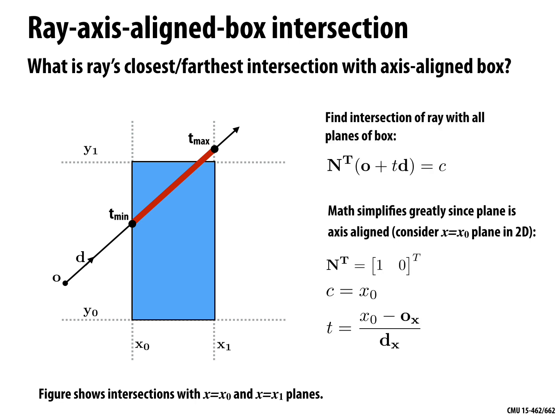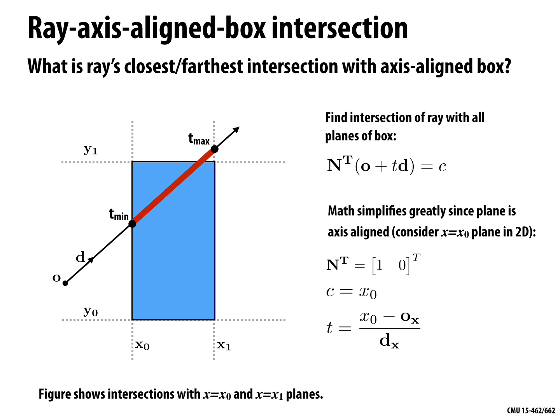Again, we do a ray plane intersection test, n transpose (O plus tD) equals c, where for each side of the box we have a different normal n and a different constant c. But in this case, the math is going to simplify greatly because the planes are always axis aligned.